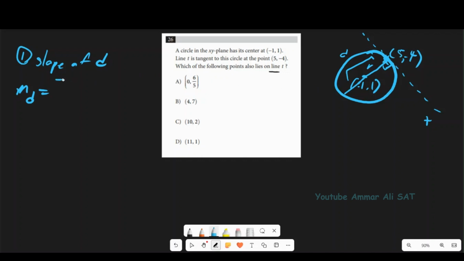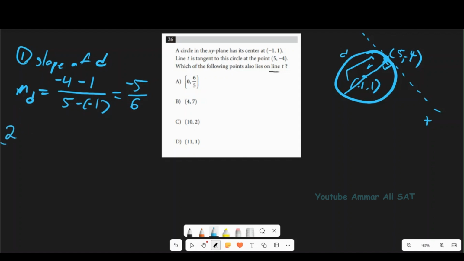So we have minus 4 minus 1, which is minus 5, over 5 minus minus 1, which is the same as 5 plus 1, which is 6. So we get minus 5 over 6, and that is the slope of our diameter.